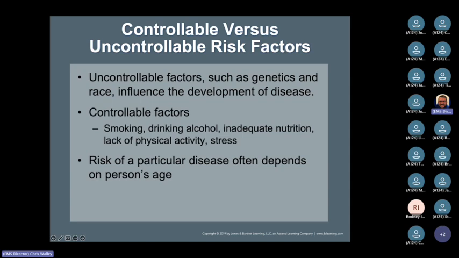Controllable versus uncontrollable risk factors: uncontrollable factors such as genetics and race influence the development of disease. Many other factors such as smoking, drinking alcohol, inadequate nutrition, lack of physical activity, and stress can be controlled. The risk of a particular disease often depends on a person's age. In some cases, sex is related to the risk of having a certain disease.